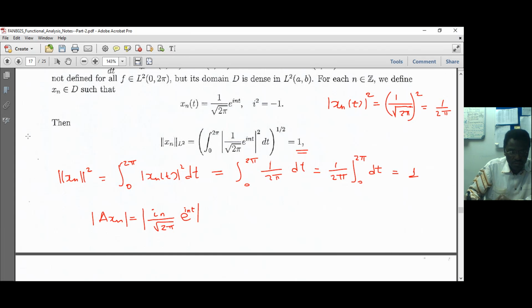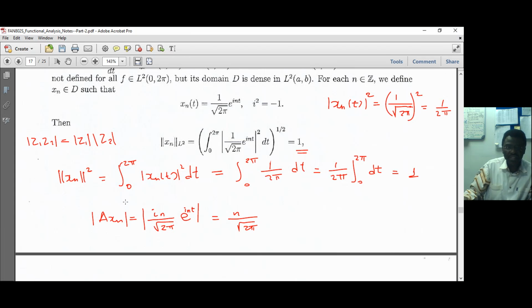So the modulus of two complex numbers, z1, z2, is the modulus of z1 into the modulus of z2. Now, I know already that the modulus of this is 1, right? So this will give us the modulus of this, and that will be n. So this is our an, right?